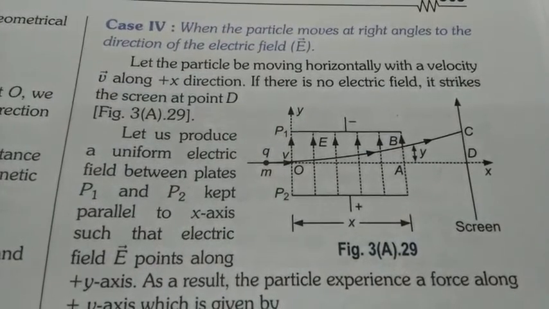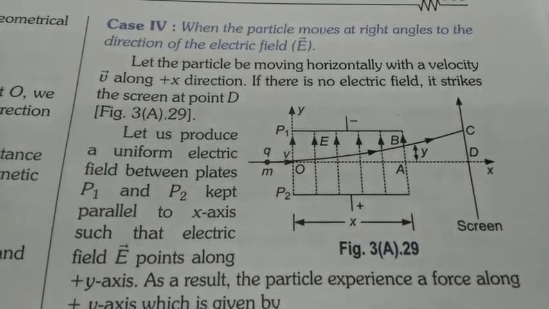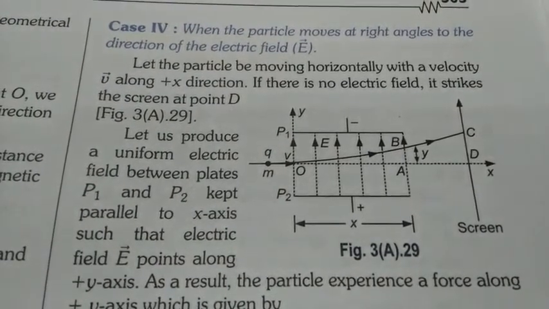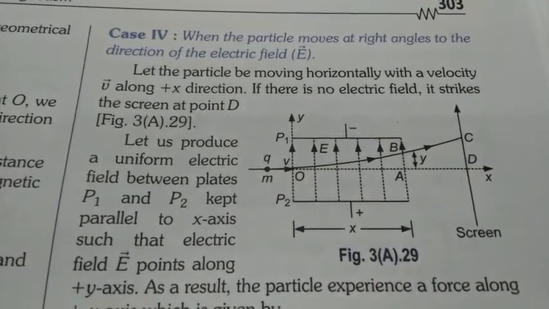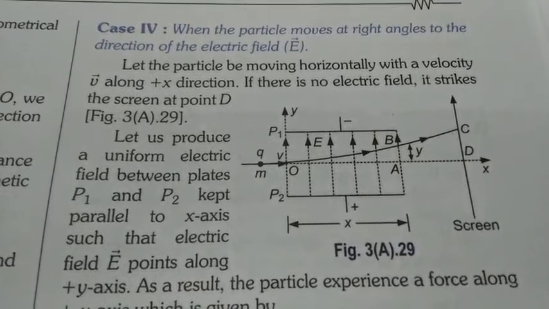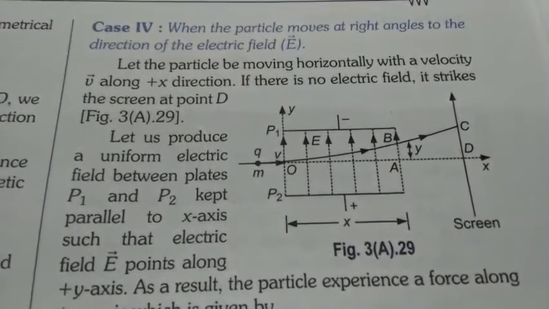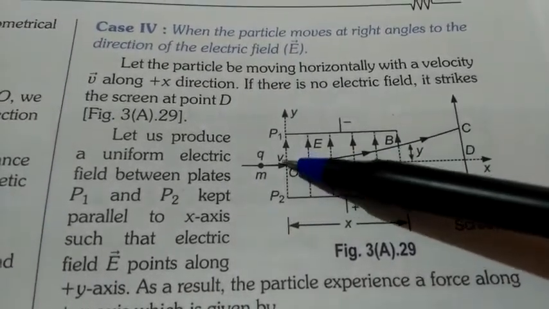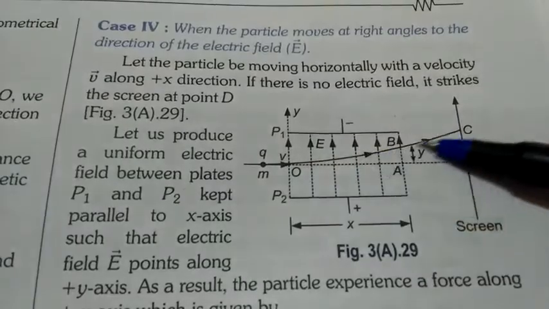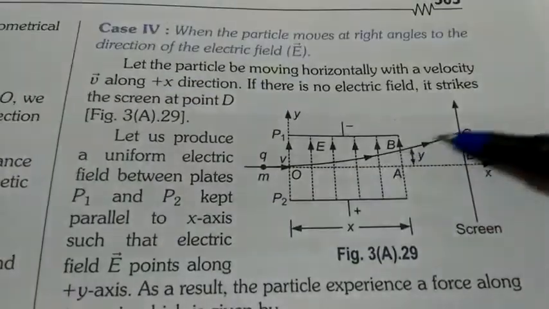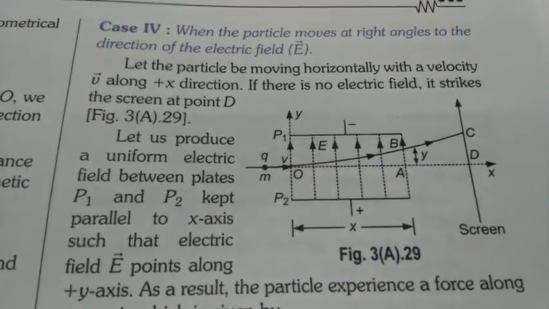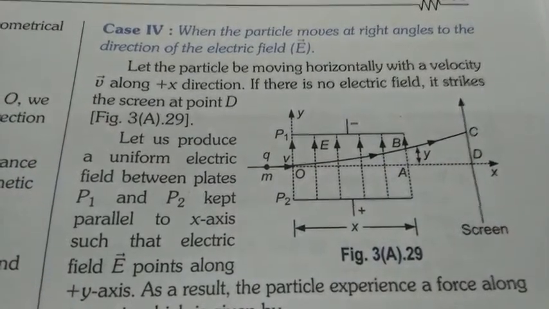Because of velocity, the particle moves along the positive x-axis, and because of the field, the particle moves along the positive y-axis. Both types of motion are simultaneous here. That's why the particle moves like this, in a parabolic path, or we can say the particle starts moving in a circle.